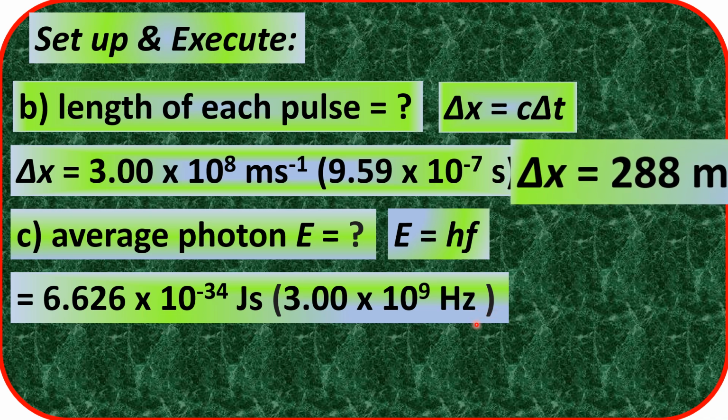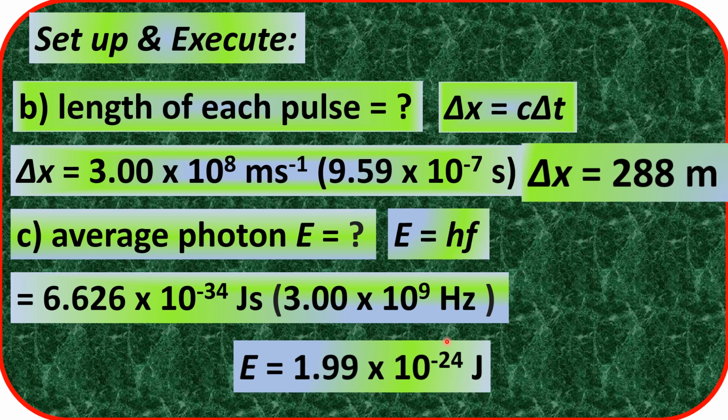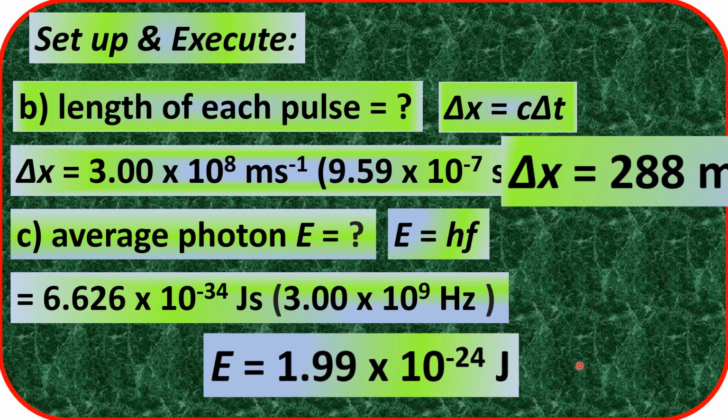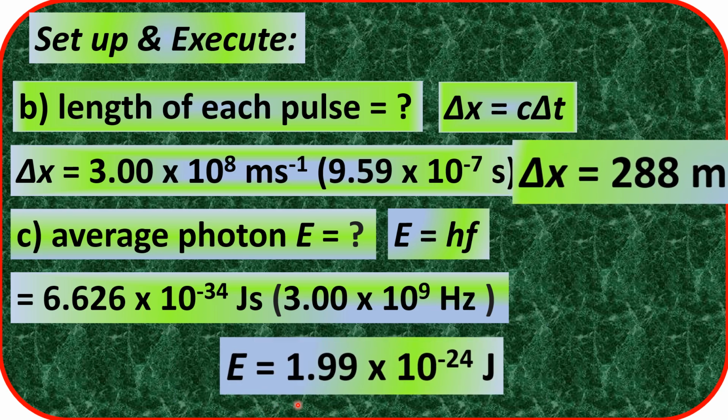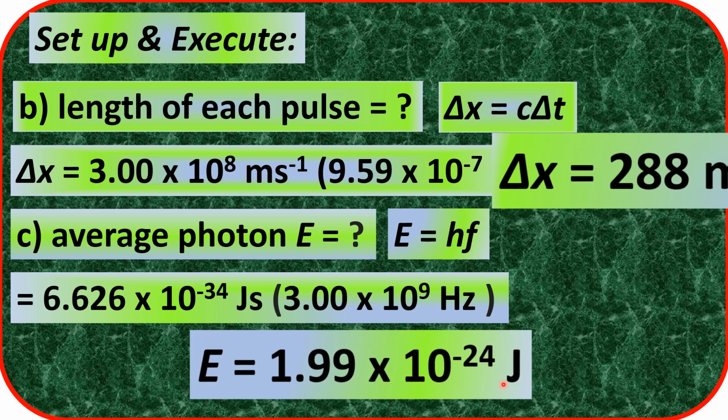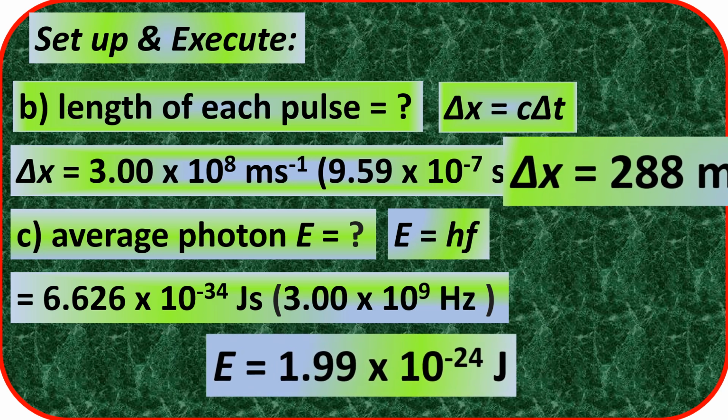So again, doing our math, we will get the amount of the average photon energy, E, equal to 1.99 times 10 to the negative 24 joules in three significant figures.